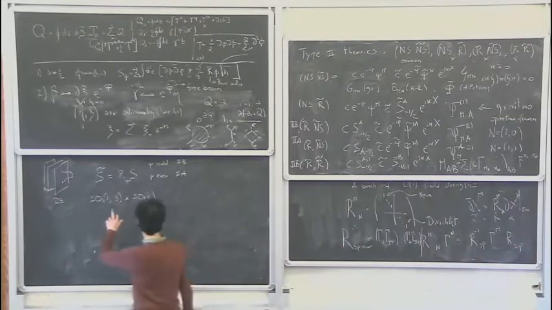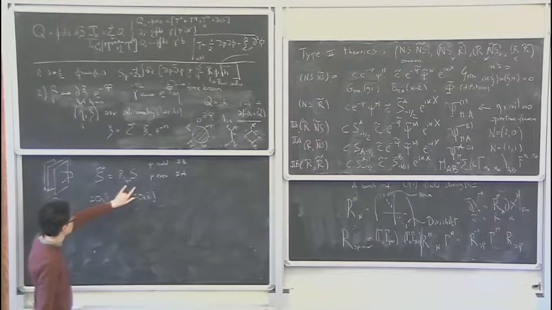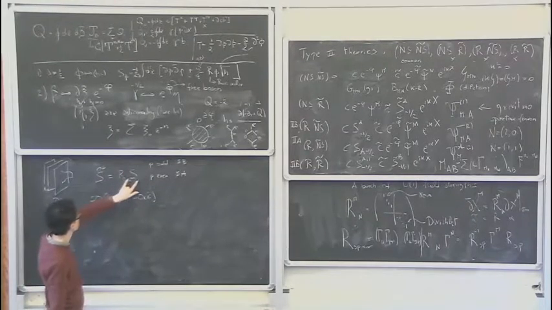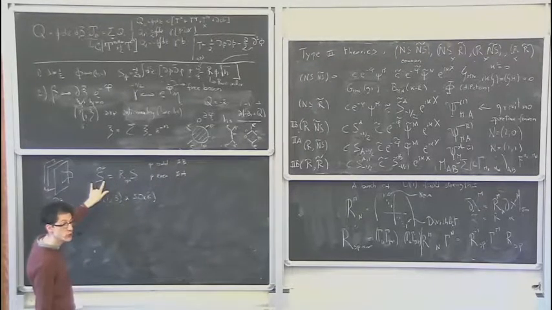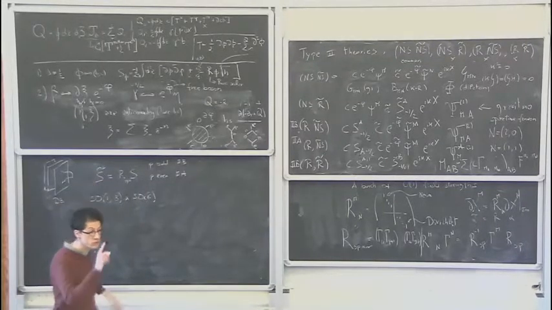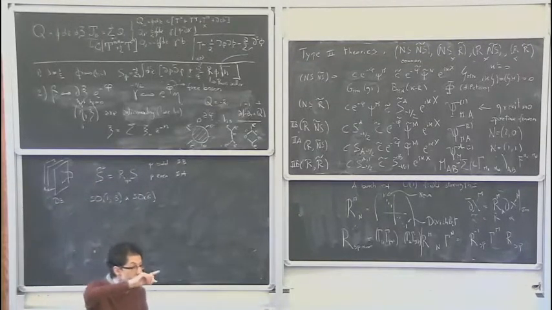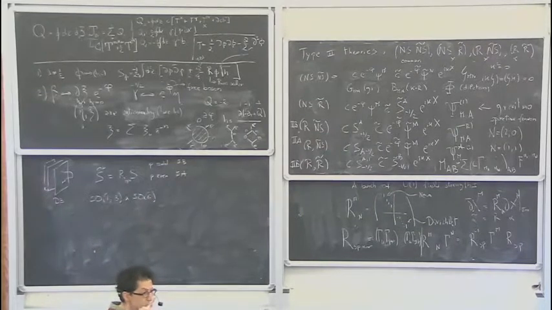Yeah, so the GSO projection is telling that you are just choosing half of the states here and half of the states here. But that GSO projection is nothing else than the chirality. So it's choosing the objects that sum to even, meaning gamma 11 is even, and choosing the ones that sum to odd means gamma 11 is odd.